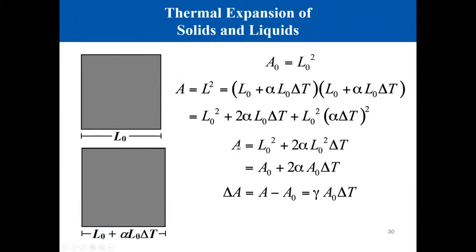So the new area is equal to the old area plus 2 alpha multiplied by the original area and by the change in temperature. Okay, so if it's 2 dimensions, you have 2 alpha. If it's 3 dimensions, by the same argument, you will have to use 3 alpha instead of 2 alpha.